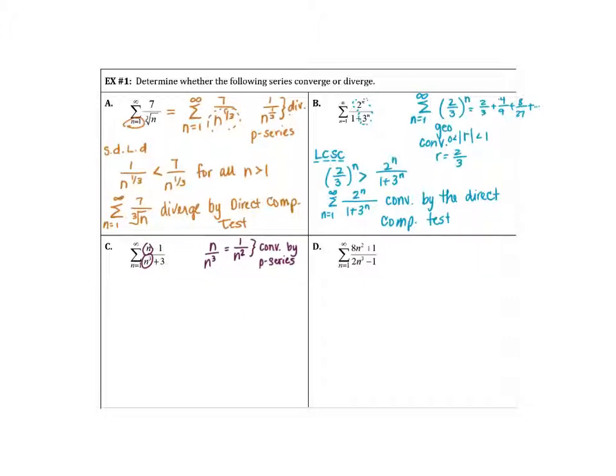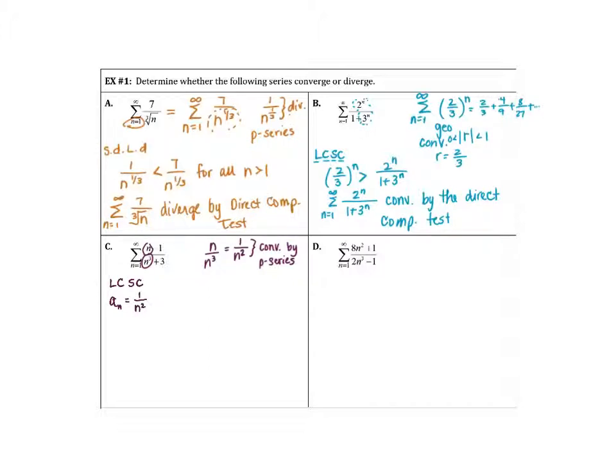So now we're in the part where we know this particular series converges, so we need to set up the large converges, small converges. So we have LCSC, and we need to really compare some terms. I'm going to call this sequence a sub n. That's going to be our 1 over n squared.